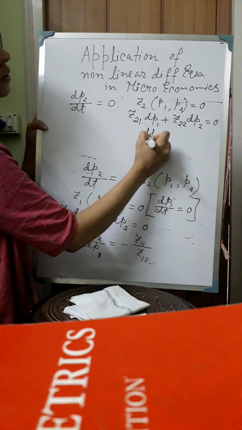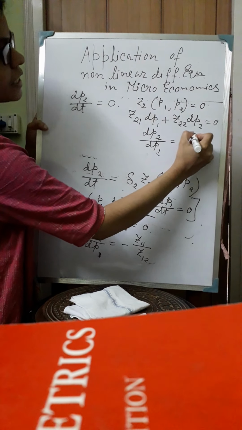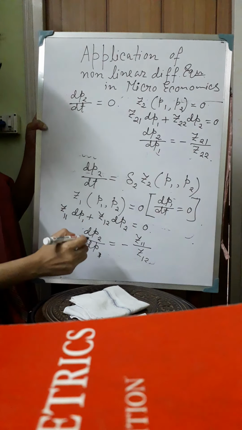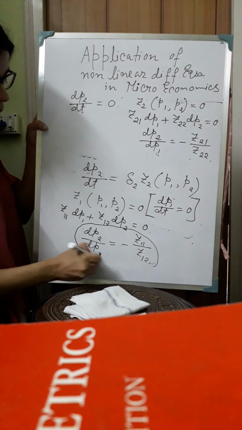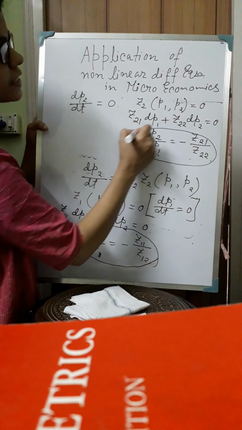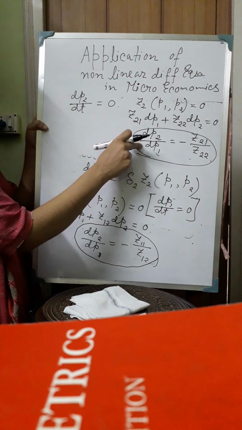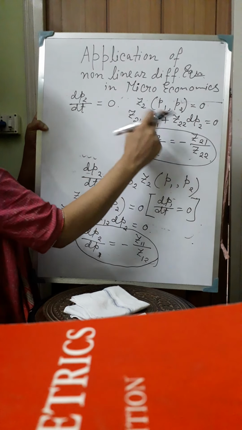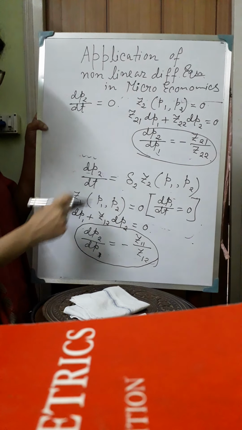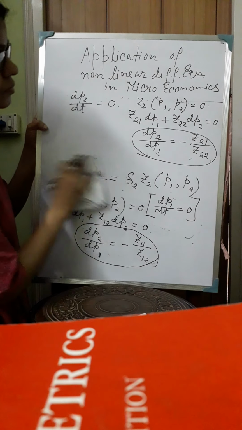So we get dP2/dP1 is equal to minus Z21 divided by Z22. So here we are getting dP2/dP1 is equal to minus Z11/Z12, and also dP2/dP1 is equal to minus Z21/Z22. This expression considers the fact that market 2 is in equilibrium, and the other expression considers the fact that market 1 is in equilibrium.